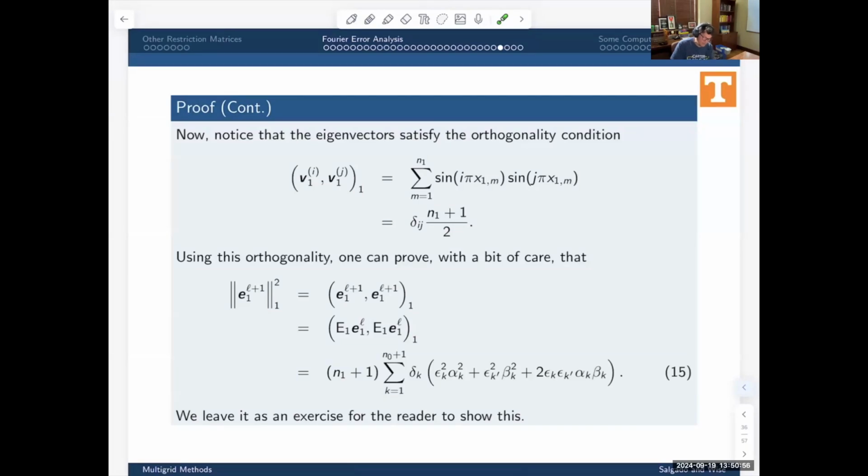And I'm going to leave it as an exercise. It's, I would say, a two-page exercise to show that what you get after inputting that is this. It's a tedious calculation, but it's not impossible to show. I think I can do it now in probably 4 lines.